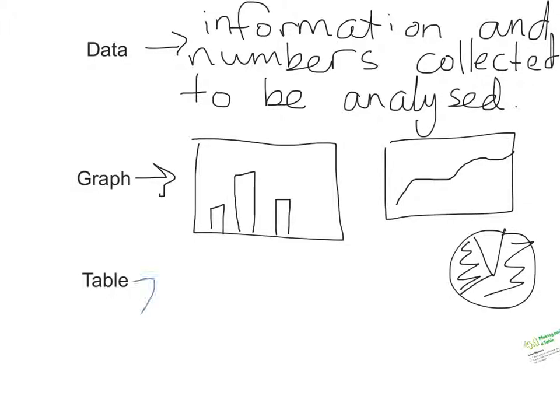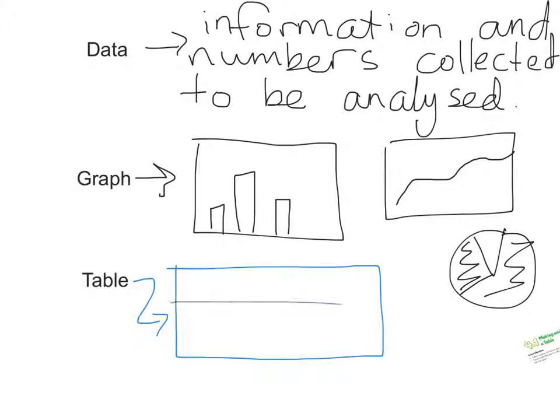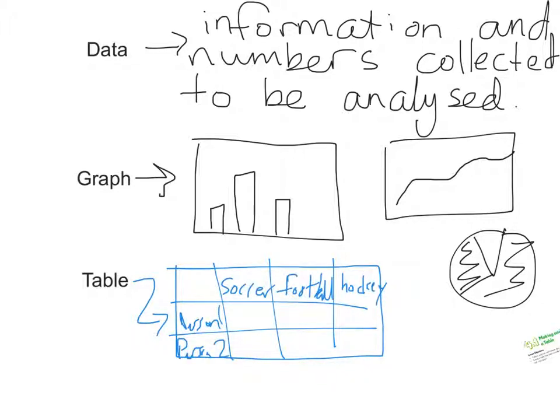And finally, a table. A table is a way to organize your data so that it makes sense. So a table can look like this, and it just shows you what you gathered. So you could say that person number 1 liked soccer and person number 2 liked hockey.